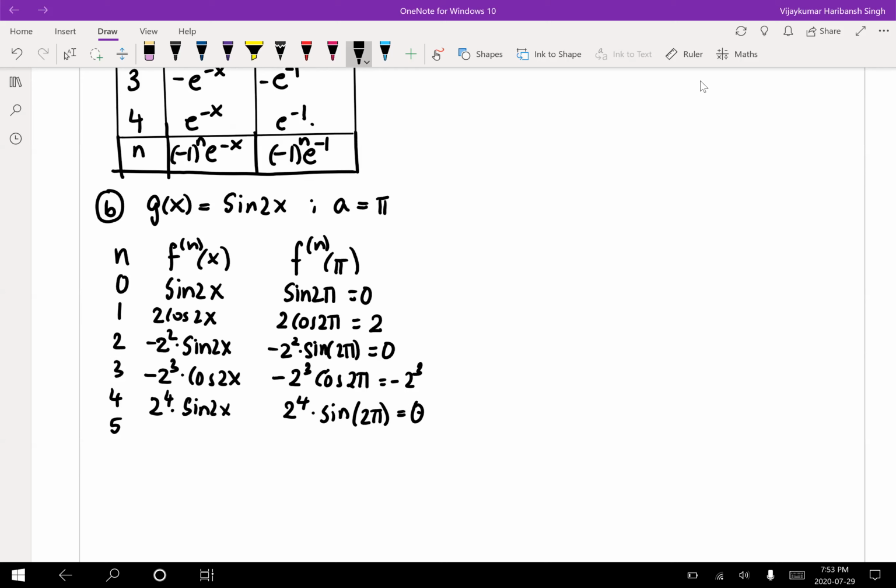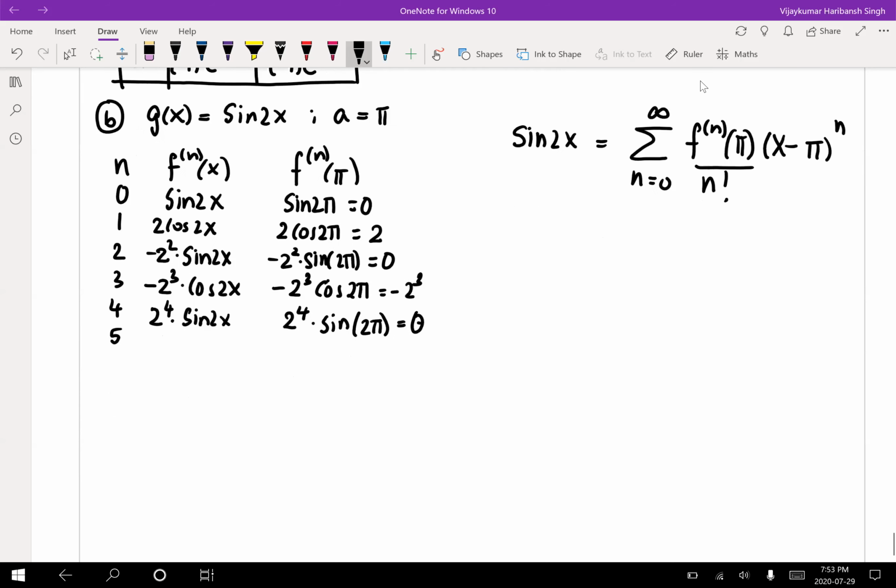So we are getting the following. For sine of 2x, first of all, a is pi. So the sum from n equals 0 to infinity of f^(n) of pi times (x minus pi) to the power n divided by n factorial. So we need to find the pattern in f^(n) of pi.